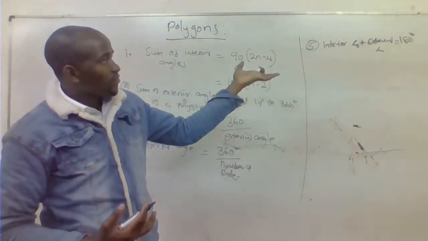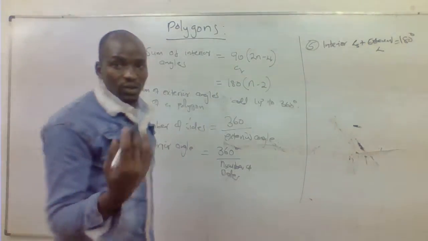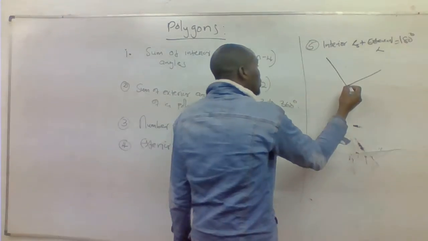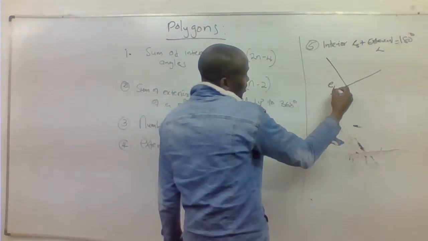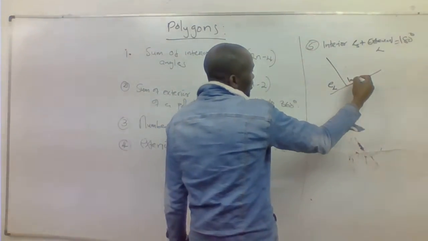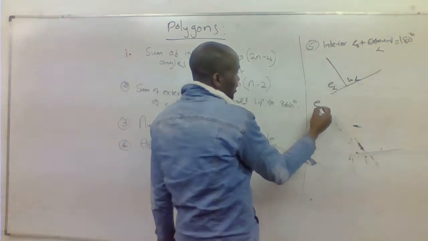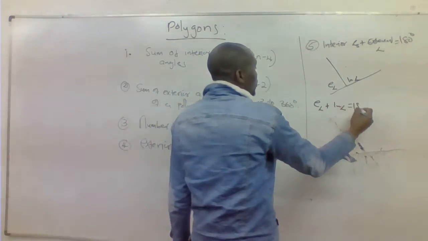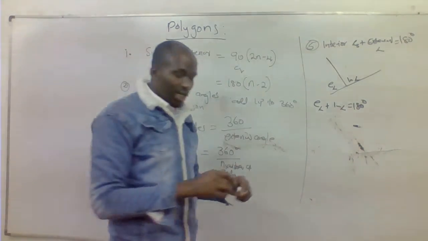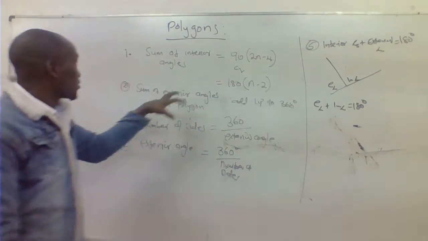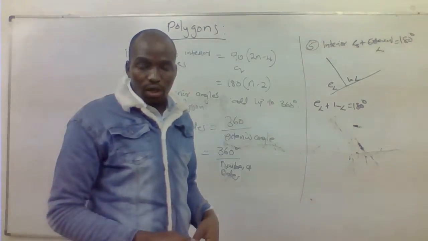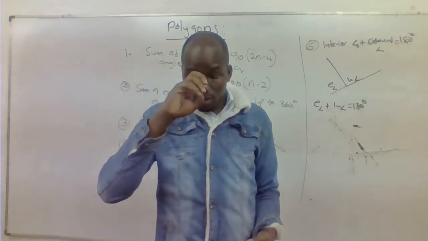And for you to apply this, it's always good to make a sketch of any given polygon. So you can take one as the exterior angle, then the other one as the interior angle. So exterior angle plus interior angle will give you 180 degrees. I can assure you, with these 5 points, you can solve any question on polygons.